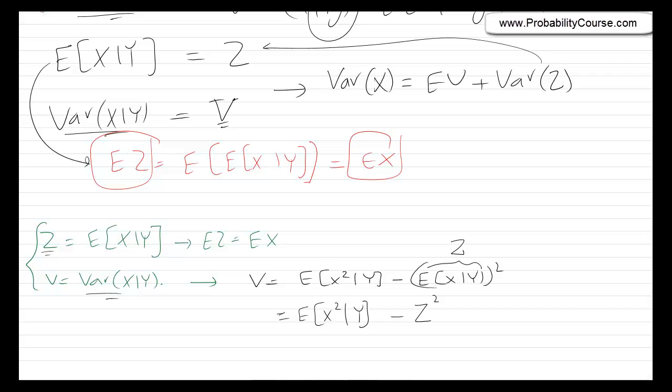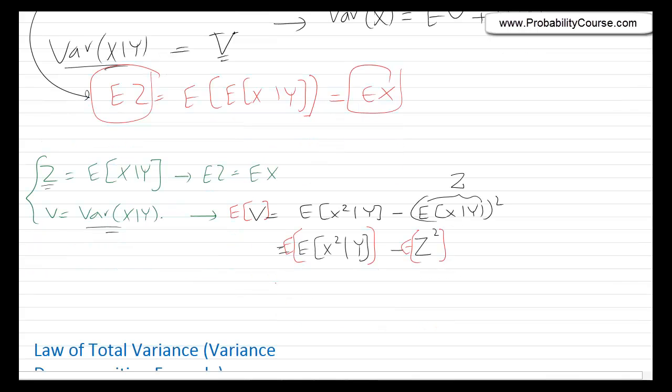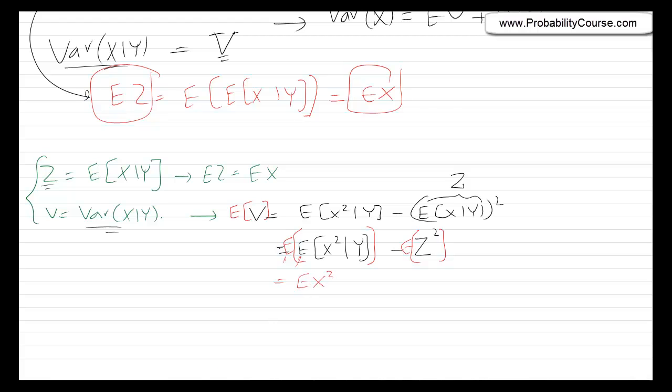If I want the expected value of the random variable v, I just take the expected value of these two terms. But note that using the law of iterated expectations, this is just simply the expected value of x squared, minus the expected value of z squared.